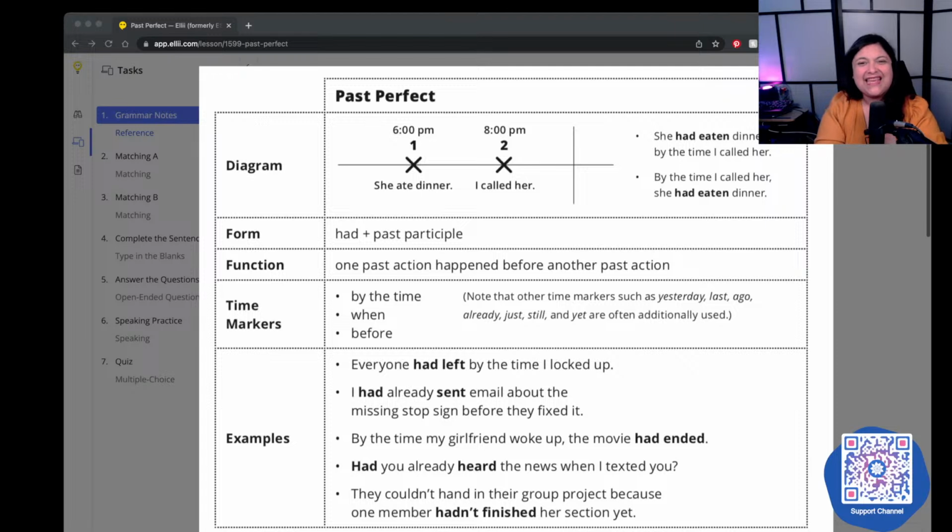Then the second past action will be conjugated in the simple past conjugation.